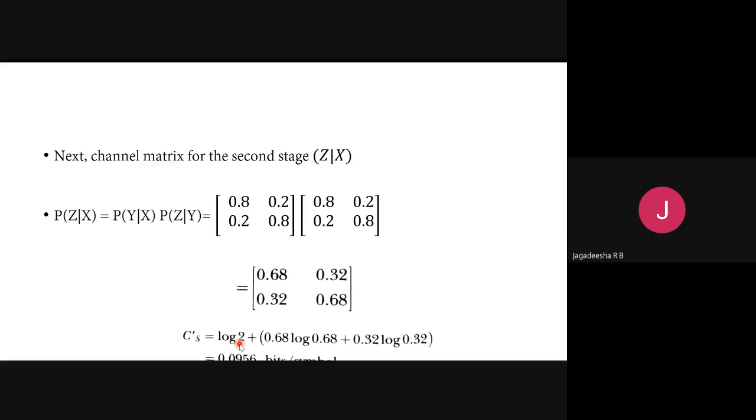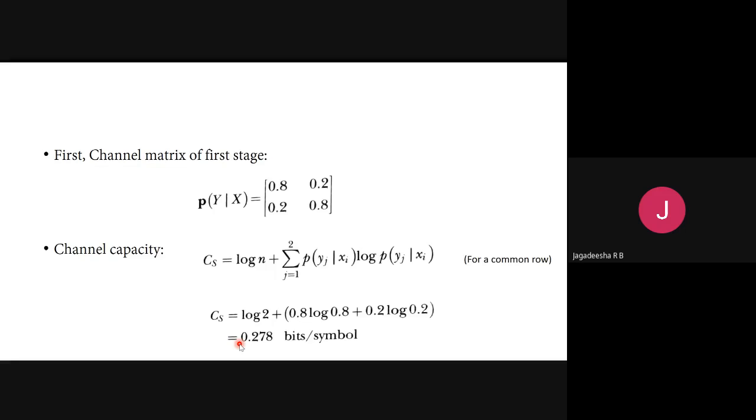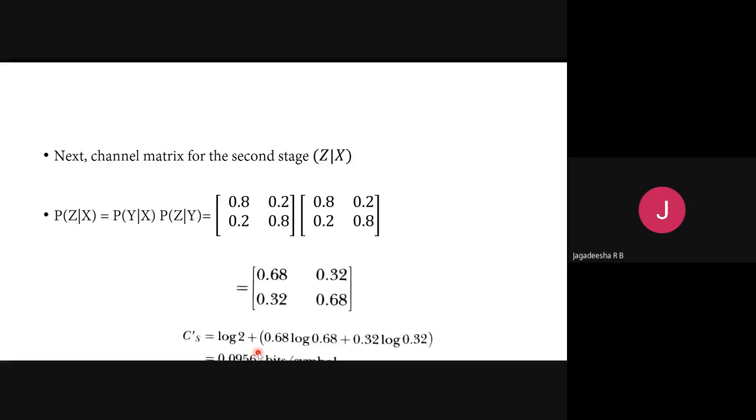Now you can compare whether this value is better or this value is better. When you just consider one stage, the capacity was 0.278. When you extend the channel to a bigger stage, I mean 2 stages, what is the overall capacity here?